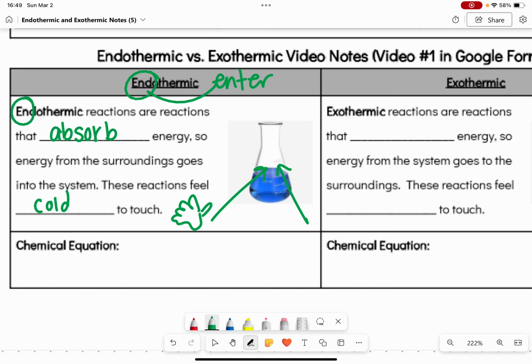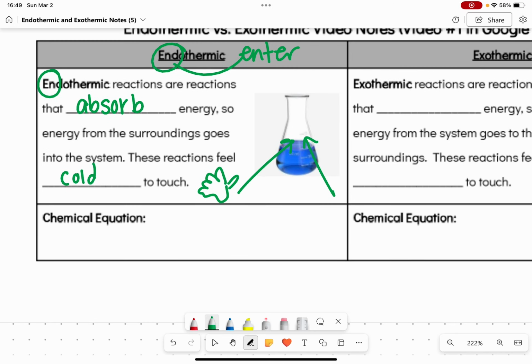Okay. Now, if we were to look at a chemical reaction, like an actual equation, it would look like this. A plus B plus heat goes through a reaction and you get your product.